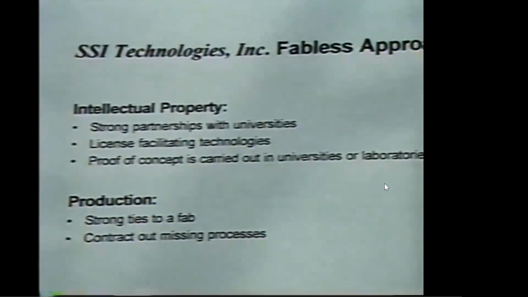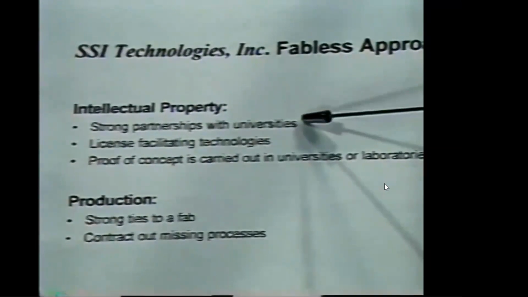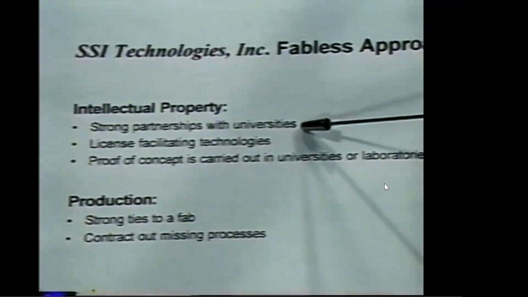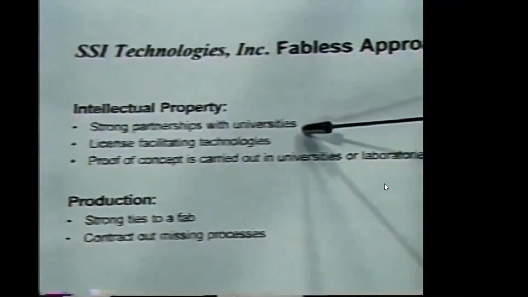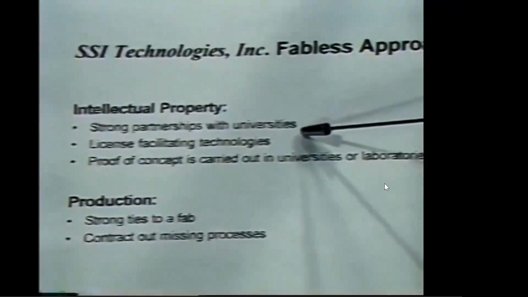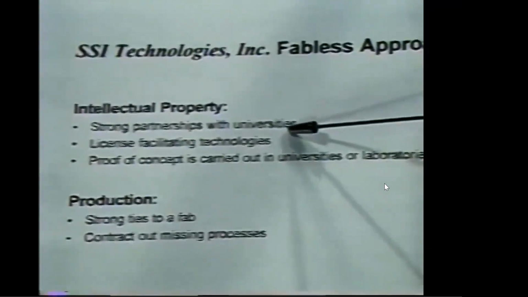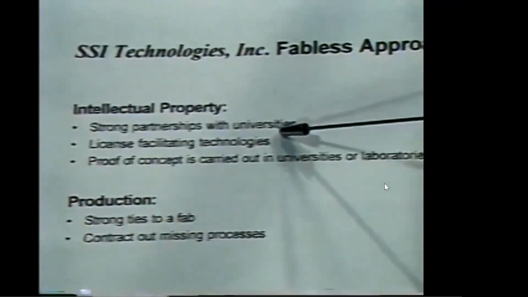It implies being able to interact openly with universities so that you can obtain information from them, and then we can use that information to license the technologies that we think are key to whatever device we're developing at the time.